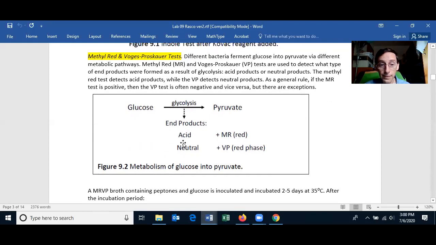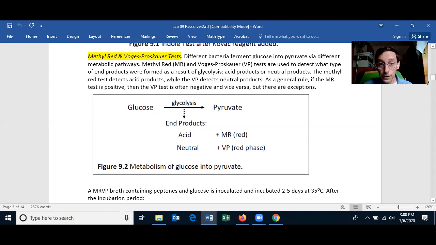And if the acids are strong enough to overcome the buffer in the methyl red test, when you add methyl red to the tube, it'll turn red, because methyl red in acidic conditions is a red color. And if it's not red, it will be yellow, is that right? Meaning if it's not acidic, when you add methyl red to the tube, it'll be yellow.